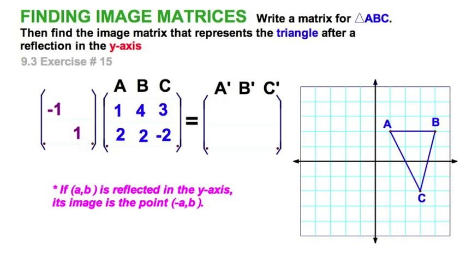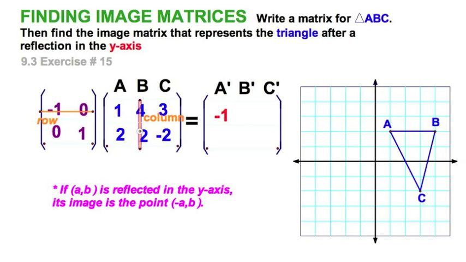I'm going to have my -1 and 1 in this diagonal, and the other diagonal is going to have the zeros. And by now, you're getting good at this. Remember, row times column. -1 times 1 plus 0 times 2, and that is, of course, going to be -1. And let's just go right down the list here.